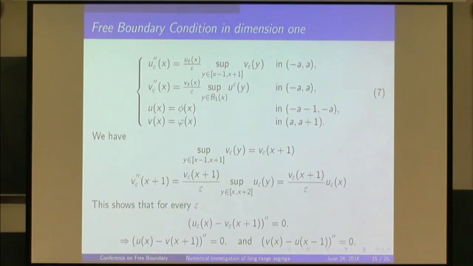Okay, so let's have a look at how to do numerics for the limiting problem. Now I write the system in dimension 1, and instead of integration over B_1, I write the supremum of v epsilon over the interval around x.